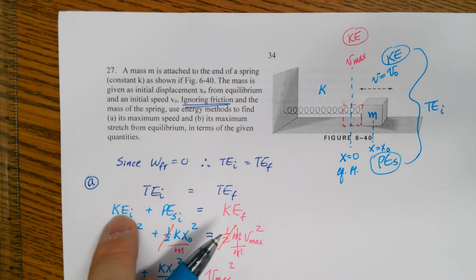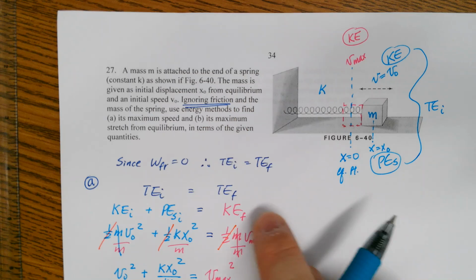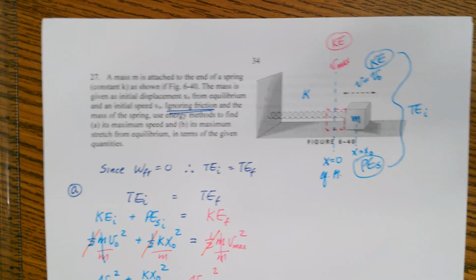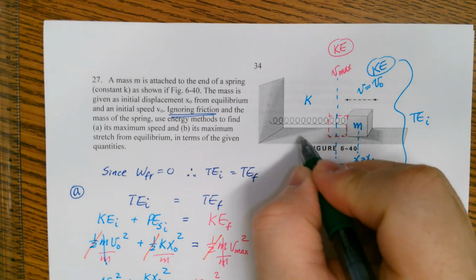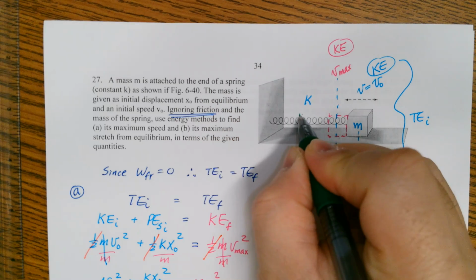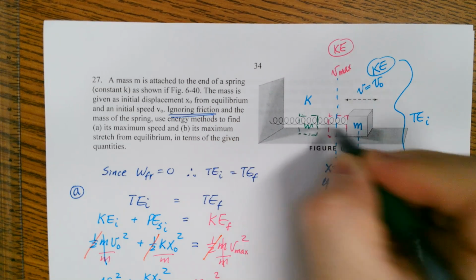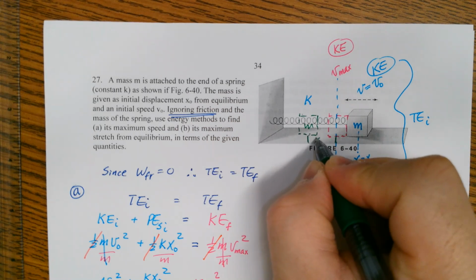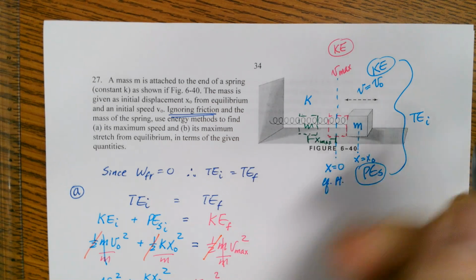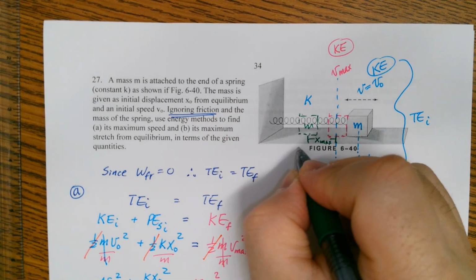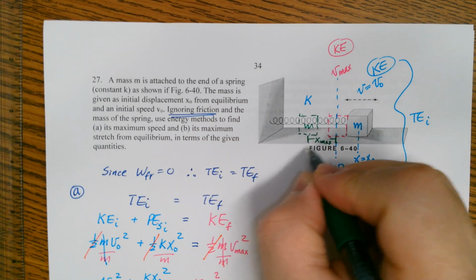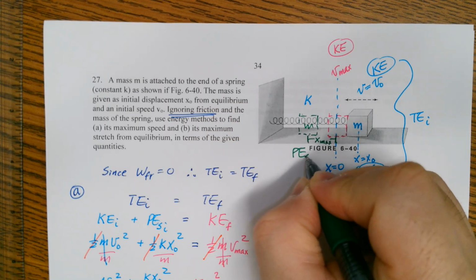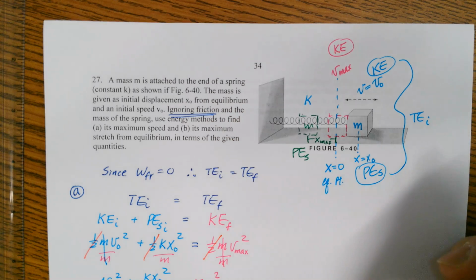So I can say that total energy here has to equal, instead of final kinetic energy, final potential energy of the spring. Let's say it's the maximum compression, which would be the same value as maximum stretch. Then this to this is my X max. At X max, I have no kinetic energy, no potential energy of gravitation, I only have potential energy of spring at this X max.